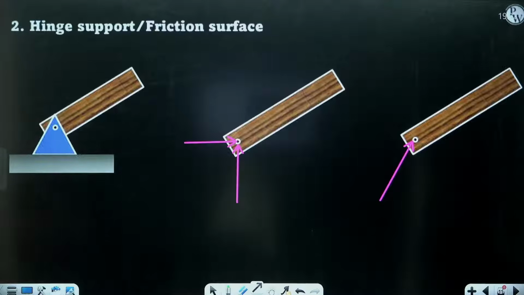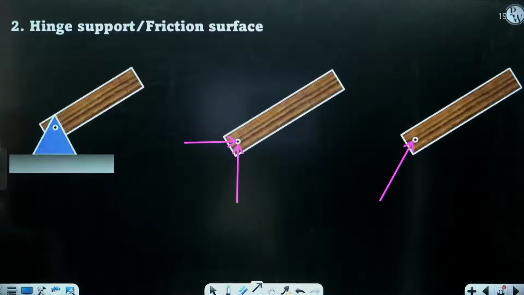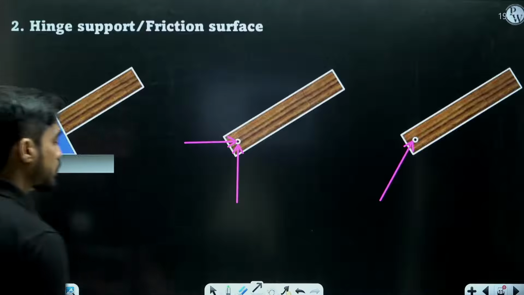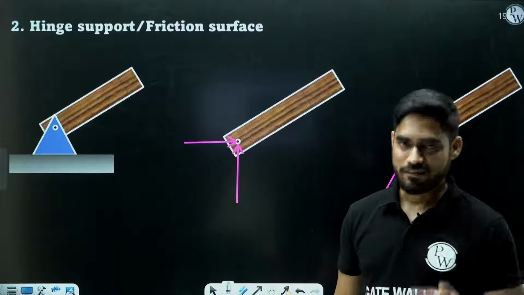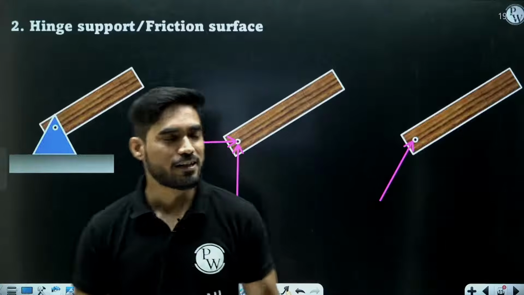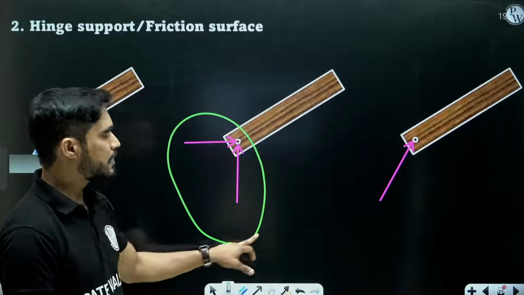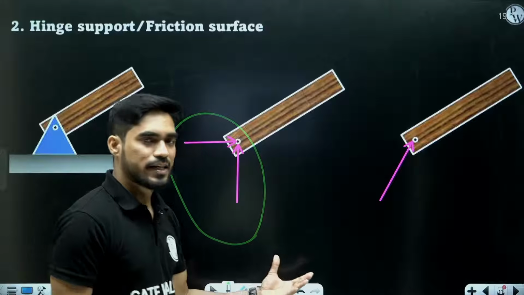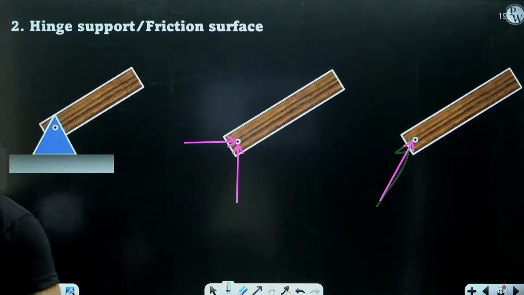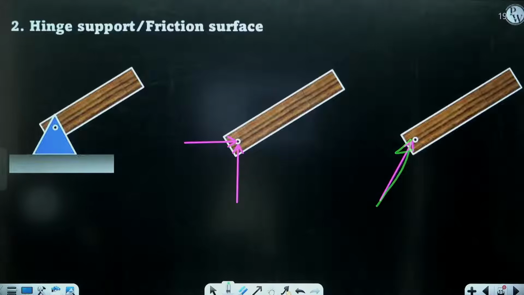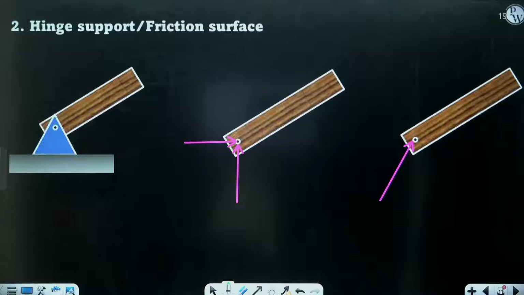Why do we do this? In order to reduce the number of forces. When will you do this? That you will get to know when we solve problems. I will tell you in which cases we will consider the forces in x and y separately, and in which cases we will consider the resultant of the forces. So you should know the concept, but when you will use it, you will get to know when we solve the problems. So I hope the hinge support or the pin support is clear.